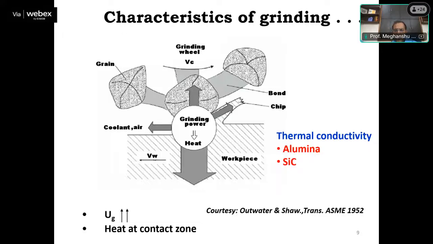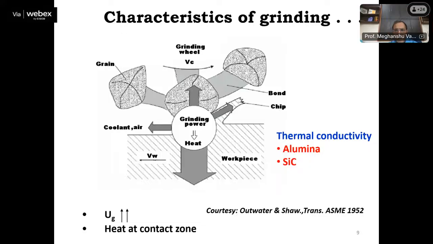So what is the solution? In our previous lecture, we have seen that if we use super abrasive grit like CBN, cubic boron nitride, or diamond abrasive grit, then diamond is the hardest available material, and CBN, cubic boron nitride, is the second hardest available material on the earth.